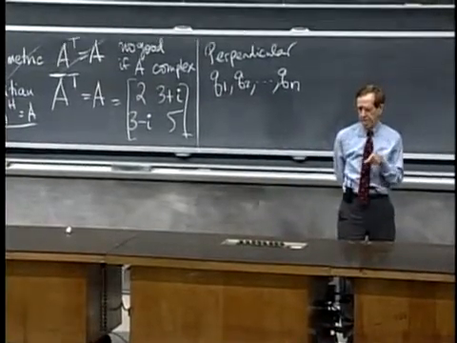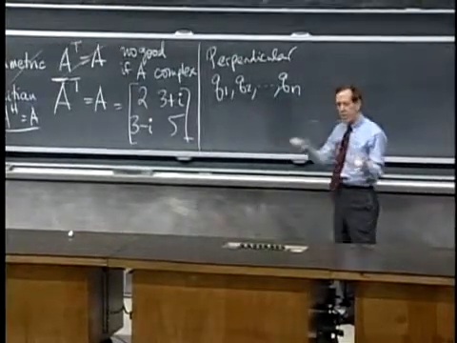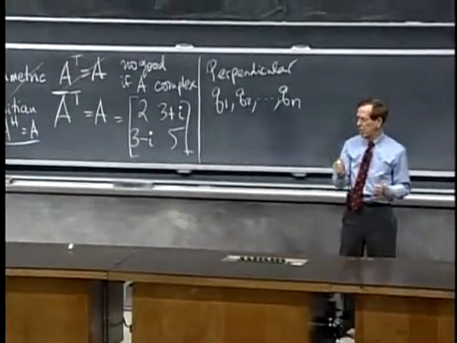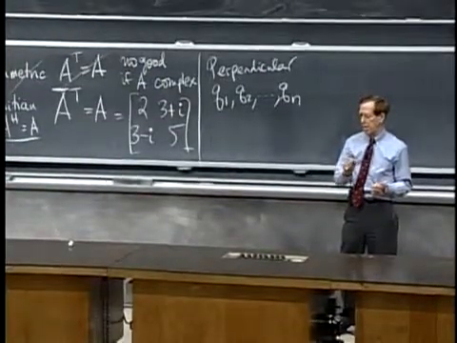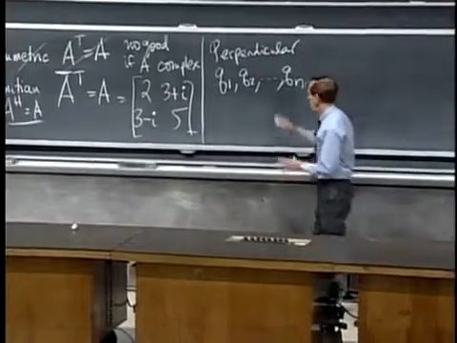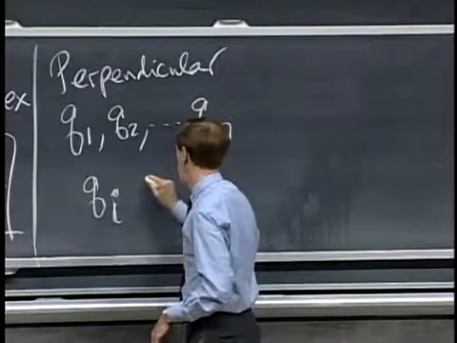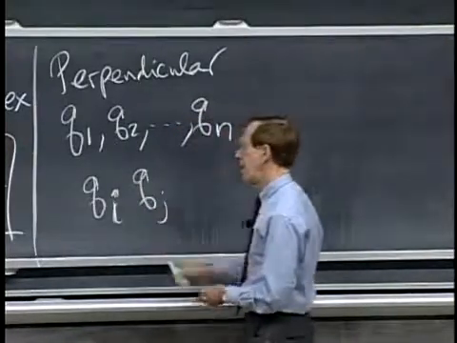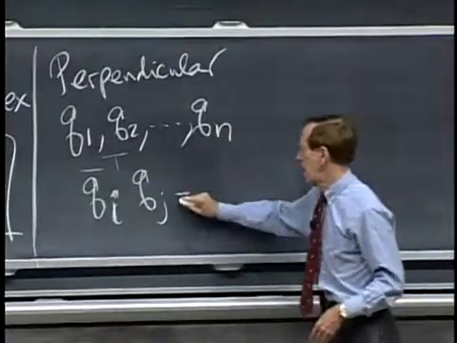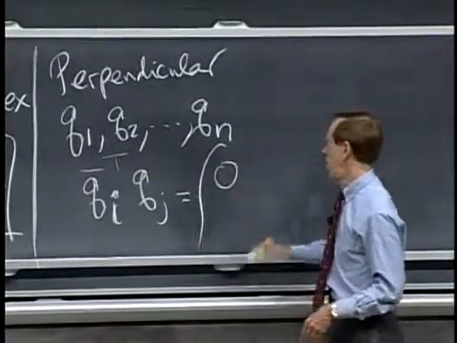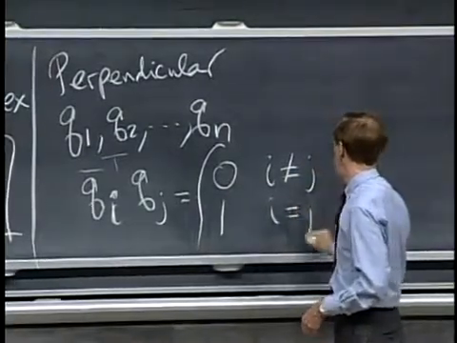So those are perpendicular unit vectors, an orthonormal basis. I'll still use those words, but how do I check perpendicular? This means that the inner product of Qi with Qj, but now I not only transpose, I must conjugate, to get 0 if i is not j, and 1 if i is j.